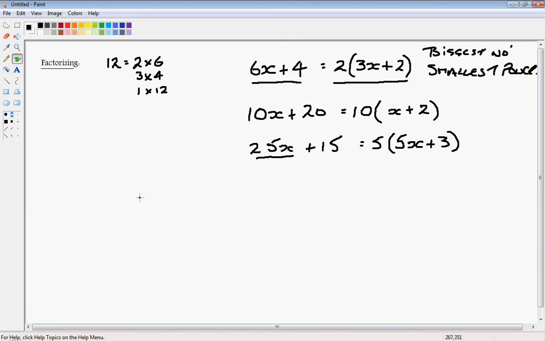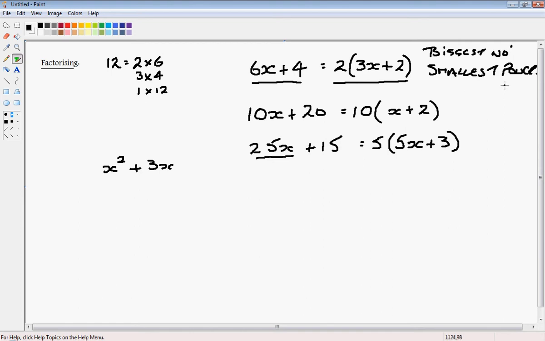Okay, now sometimes you could get something along these lines. So let's say we have x squared plus 3x. Now we know the x squared is 1, okay, because we have 1x squared and we have 3. So the only number that will go into 1 and 3 is 1, so we never use 1.